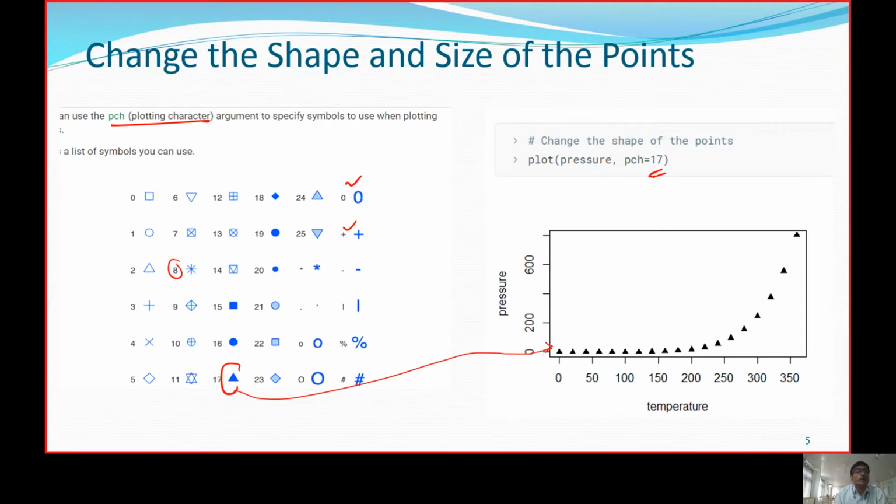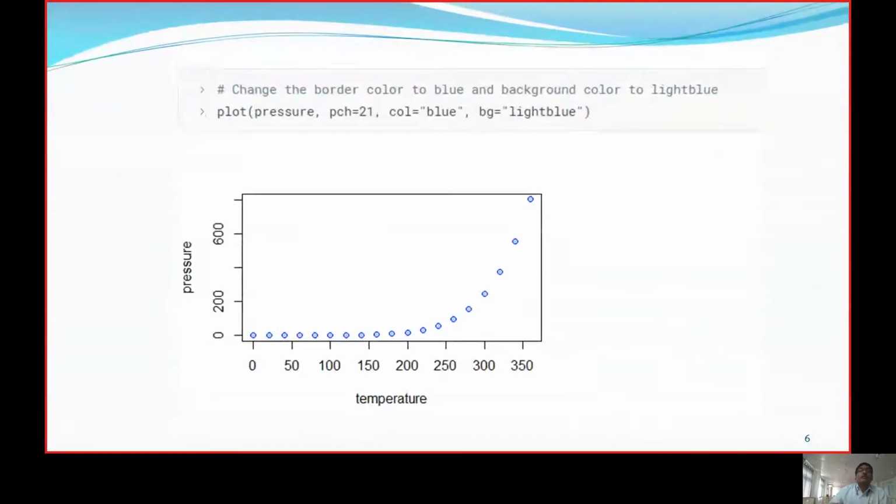So that's how we are going to use the PCH. It is called a plotting character, so how the symbol should be taken up. For that, we are going to use the content. So when it is a circle, we can choose this one as a 1 there.